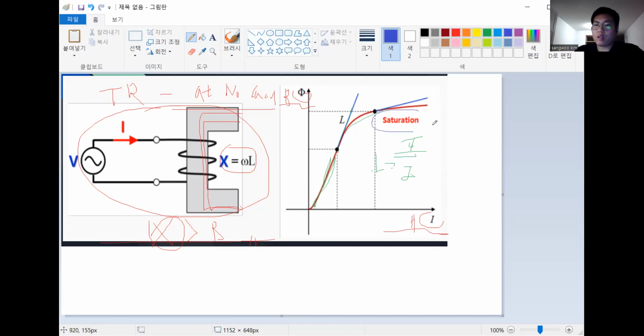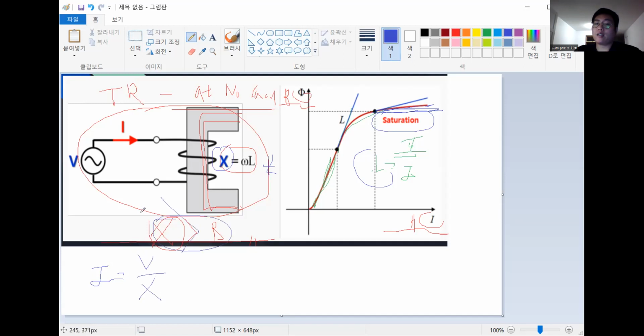At the saturation part, L's slope is more flat, almost zero, which means if L is zero, reactance X is zero.